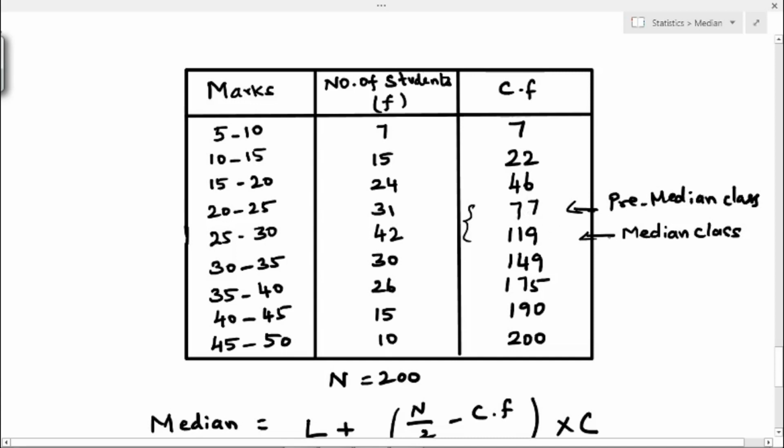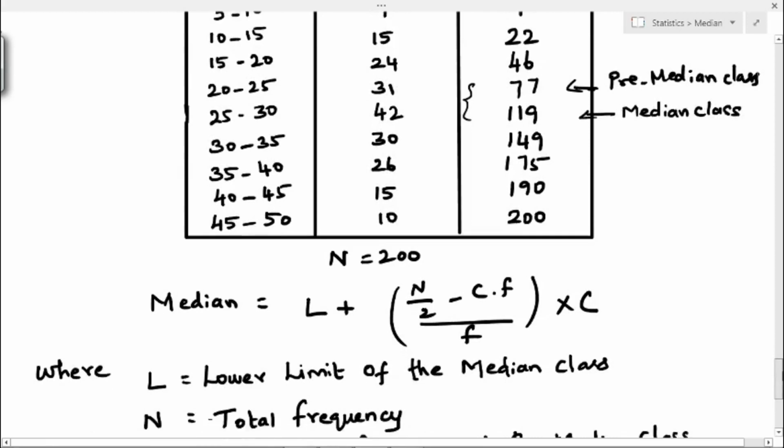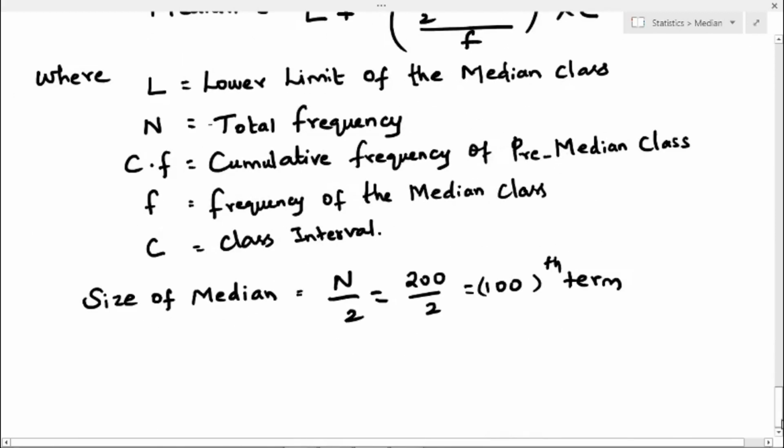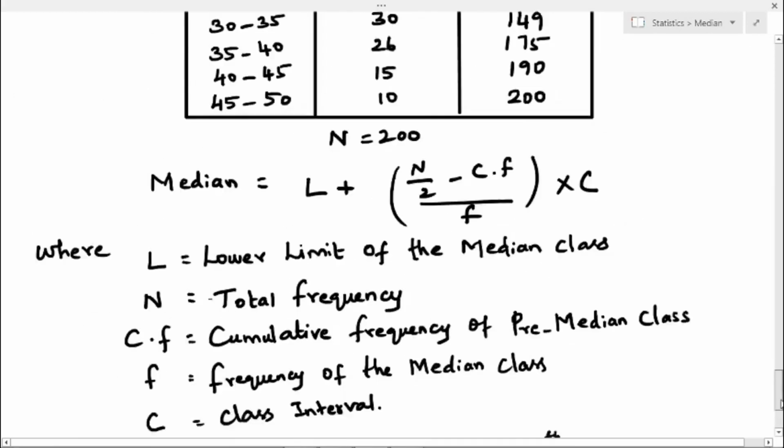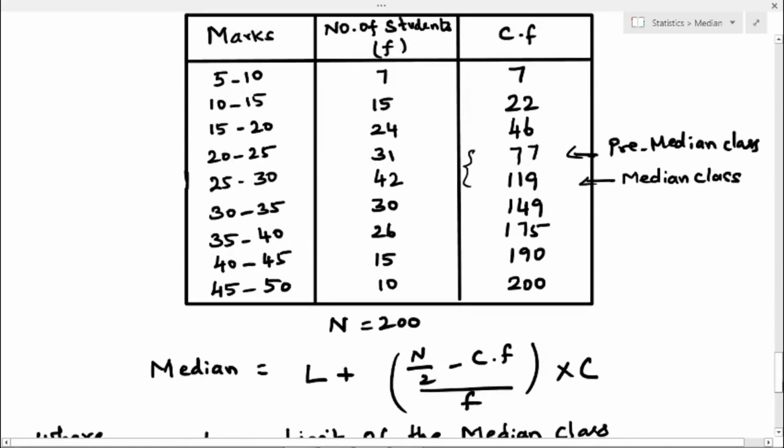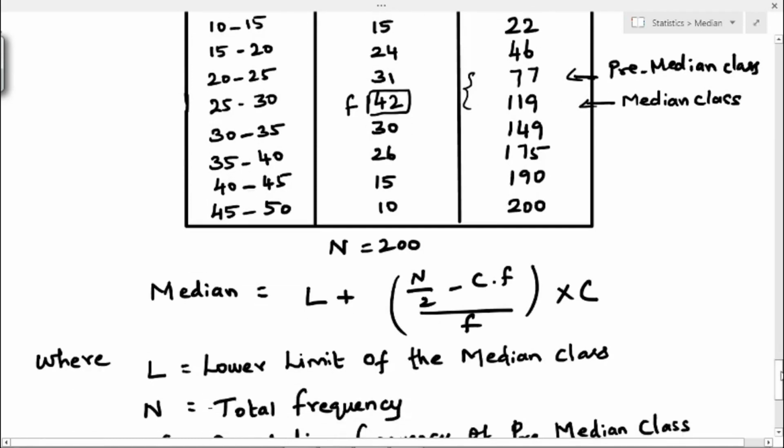Next we have to find F, the frequency of the median class, that is the frequency corresponding to the median class. This 42 is the frequency of the median class. Next we have to find L, the lower limit of the median class.